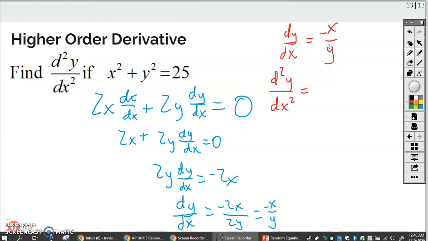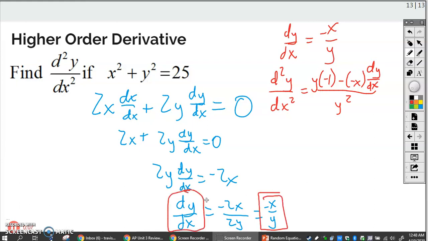On this side, I'm going to have to use the quotient rule. So on the bottom, I'm going to have y squared, and then I start with y on top. Derivative of negative x would be negative 1, and then I'm going to do the top times the derivative of the bottom. Derivative of y being dy/dx. At this point, I need to take my expression for dy/dx and plug it in for dy/dx.